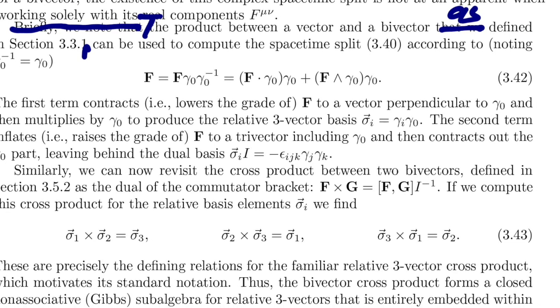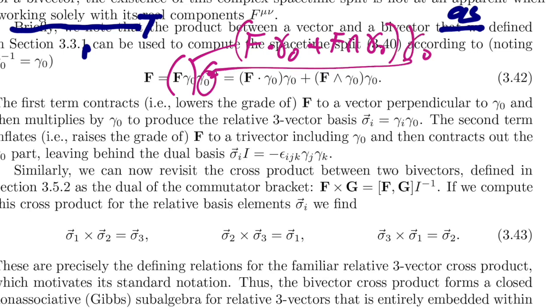Then we execute the associativity, associating these two, and we compute this associated spacetime product. That is going to be F dot gamma 0 plus F wedge gamma 0, and then this whole thing is multiplied by gamma 0. That gamma 0 goes there, and you end up with this expression.